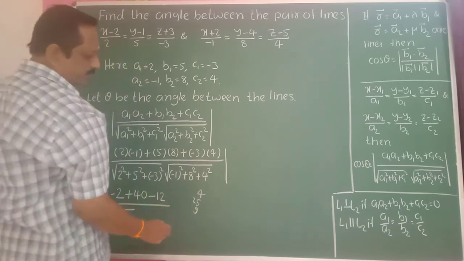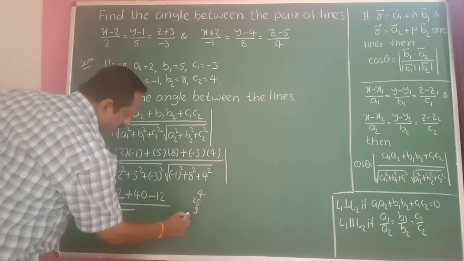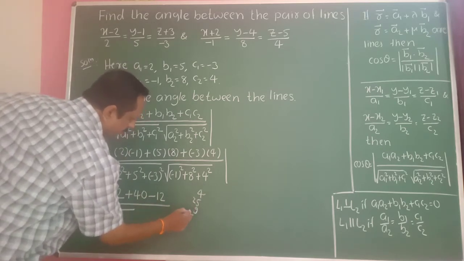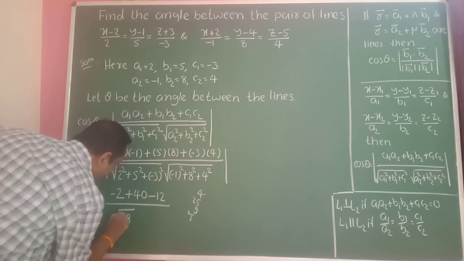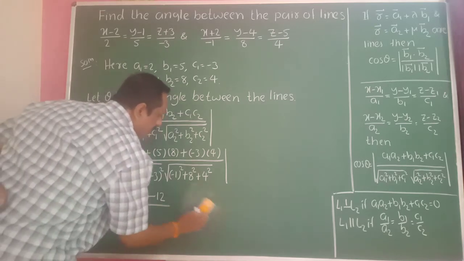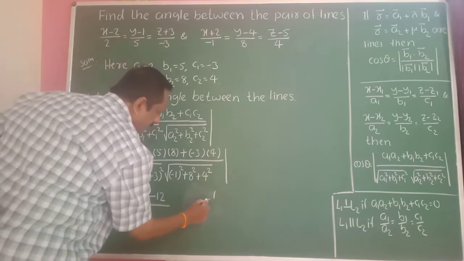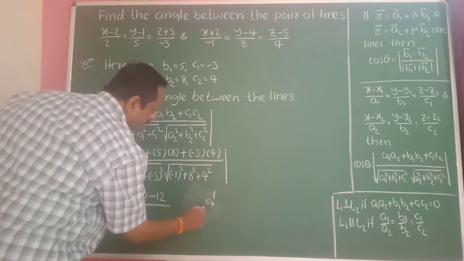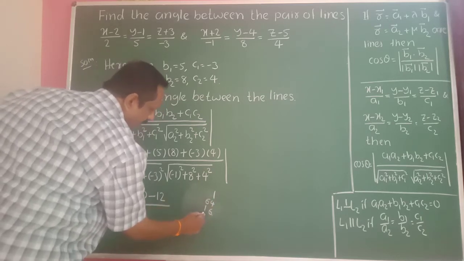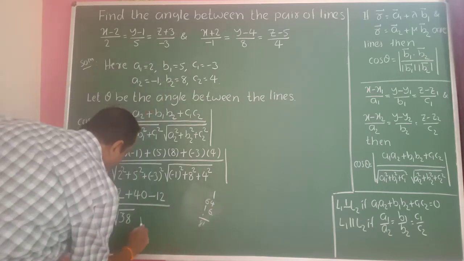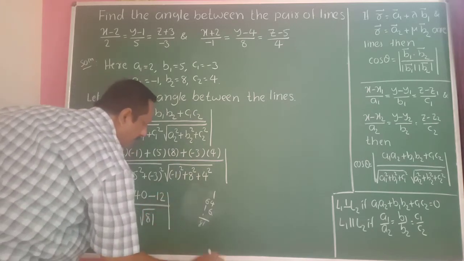So 25 plus 4, 29, plus 9 is 38. Then minus 1 square is 1, 8 square 64, and 4 squares are 16. 64 plus 16, 80, plus 1, 81. So root of 81.